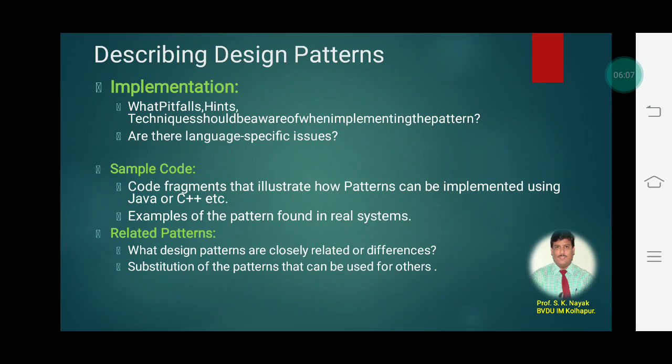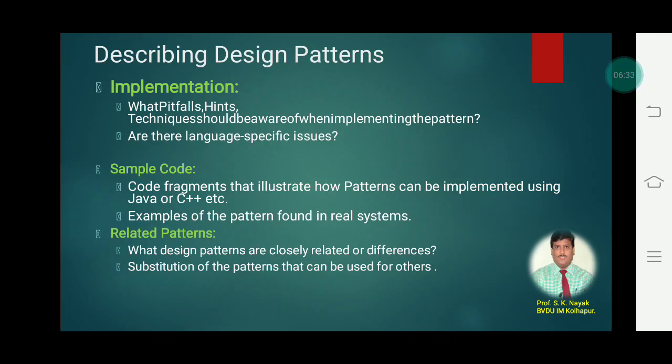Are there language-specific issues? Sometimes different design patterns may follow different kinds of languages. The implementation part takes care of this, because a particular design pattern may need a particular language to implement. So the implementation phase describes the details of how the design pattern can be implemented properly if particular language specifications are there.